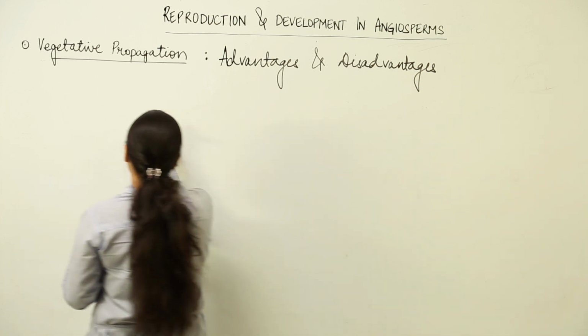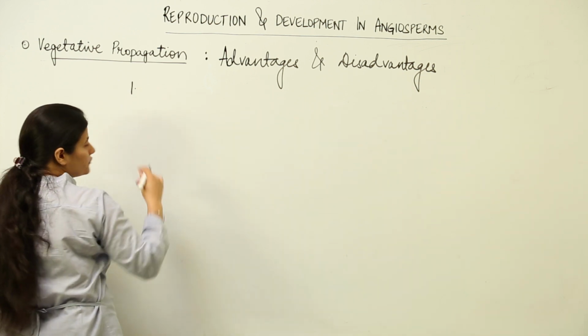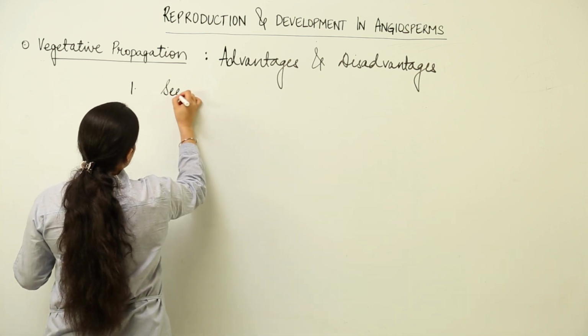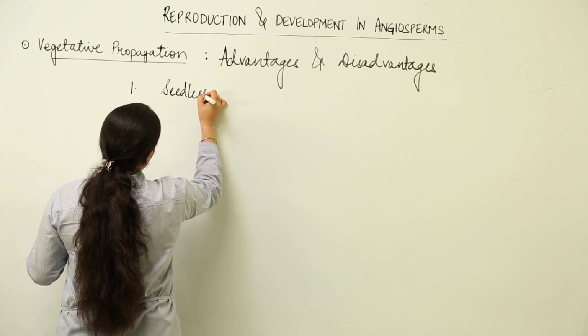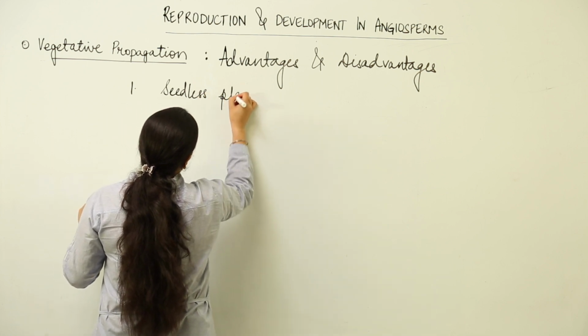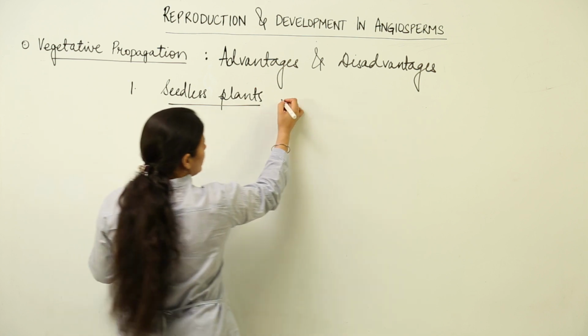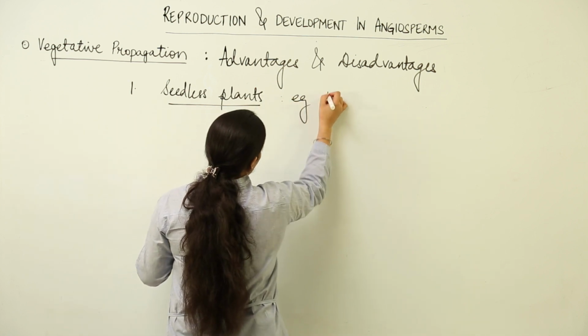Now, the first point of advantage that vegetative propagation has is that supposedly you have seedless plants. So, it would be easier to propagate or get the offspring of seedless plants. For example, you have banana and pineapple.